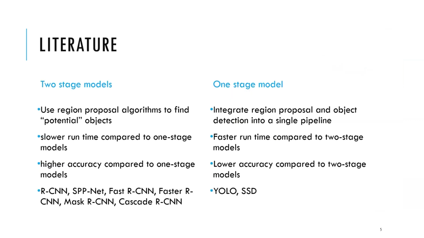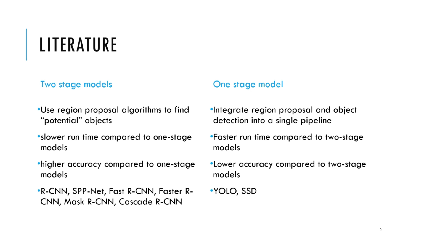Looking at literature, and here we're talking about deep learning approaches to object detection, we can see that they are divided into two-stage models, or what we call multi-stage models, and one-stage models. The two-stage model, from its name, uses multiple stages to detect objects in the scene. The first stage is called region proposal, which relies on region proposal algorithms to find potential spaces in the scene where there might be objects.